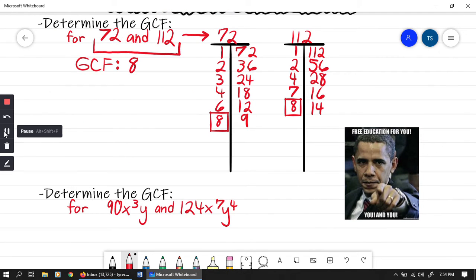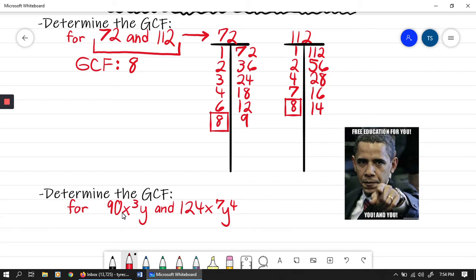Let's say we were trying to determine the GCF, or greatest common factor, for these two expressions. Again, we can't really call them terms right now.